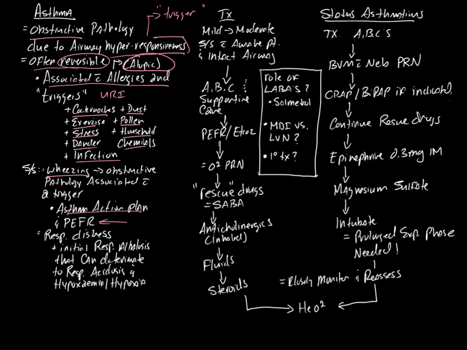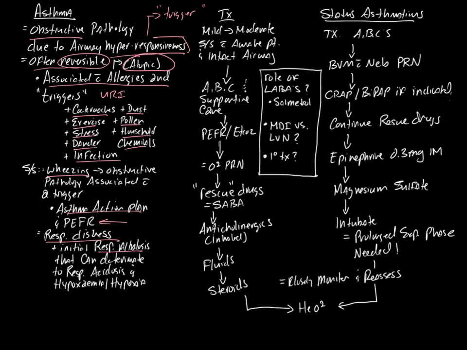Okay. So with the respiratory distress, initially what we see in somebody who has a quote-unquote asthma attack is a respiratory alkalosis. That's the initial finding. Why? Because they start breathing faster and deeper.